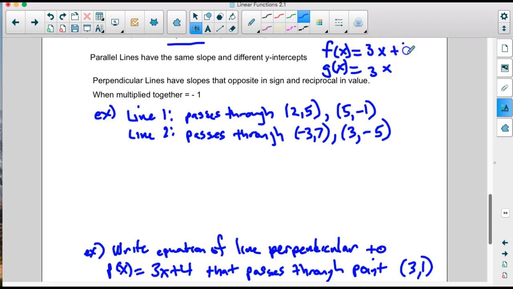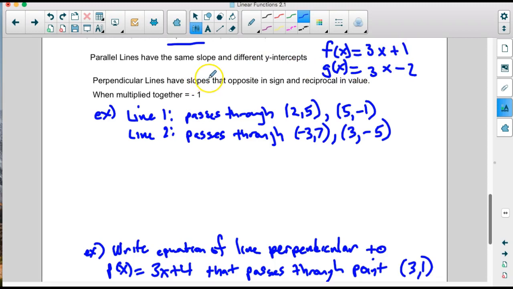But they would have different y-intercepts because they would want to be different lines. If you had the same on both, you'd have the same line. You wouldn't have parallel lines. So same slope, different y-intercepts.